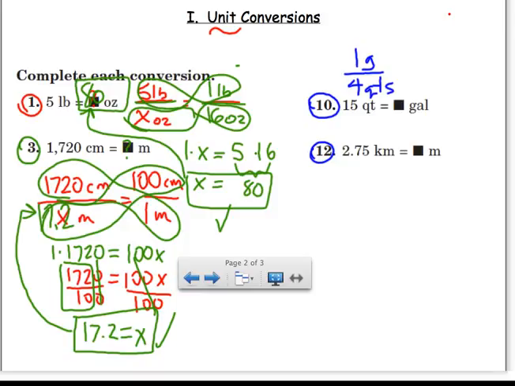And for number 12, that 1 kilometer is the same thing as 1,000 meters. Stop here, write the proportions, and solve them to figure out how many gallons would be 15 quarts and how many meters would be 2.75 kilometers. Press play when you're ready to check your answer.